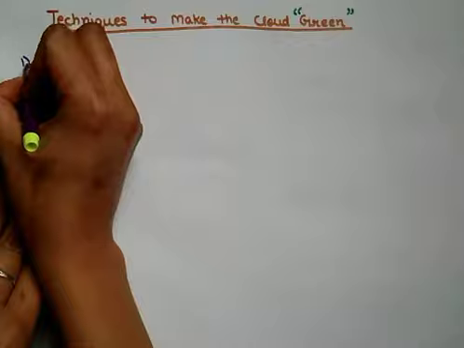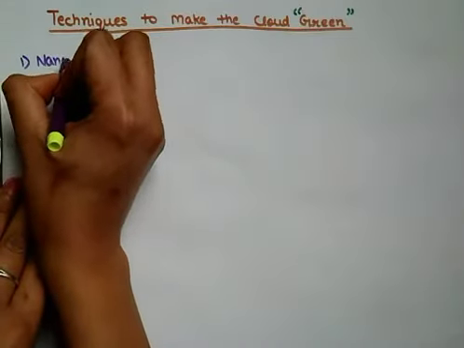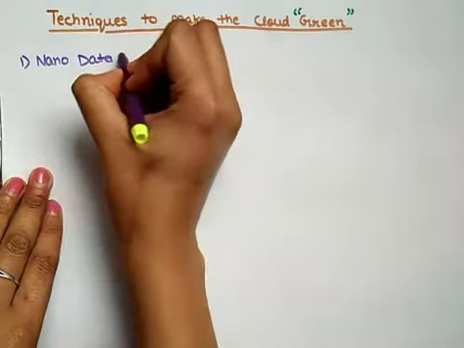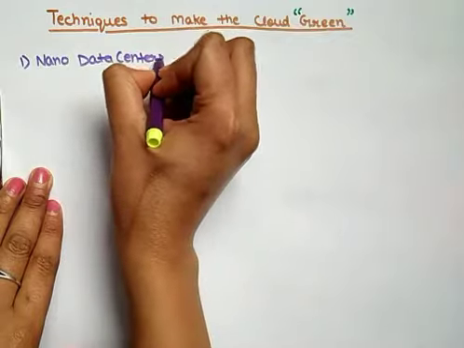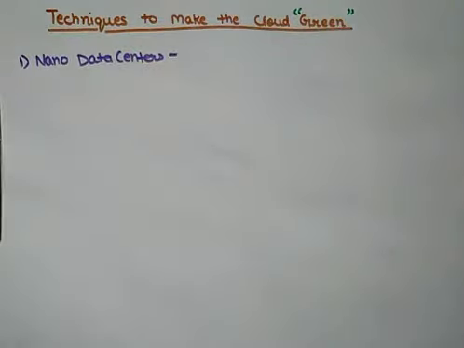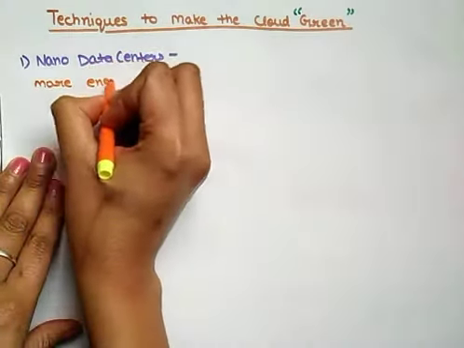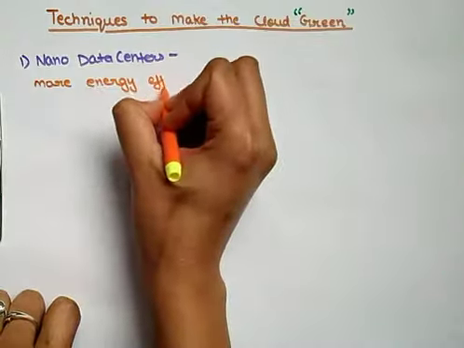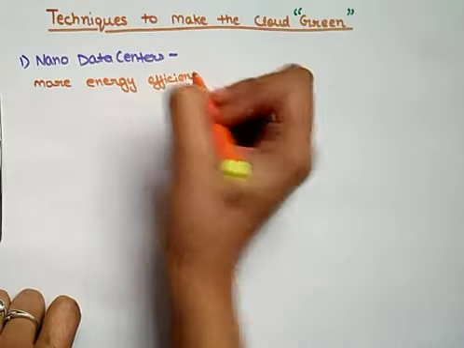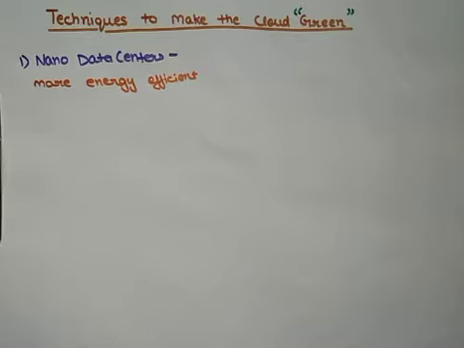The first technique is nano data centers. In this technique, nano data centers are more energy efficient than conventional data centers, right? We all know about the conventional data centers.